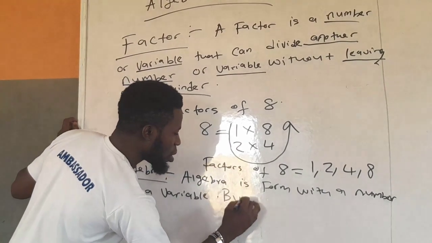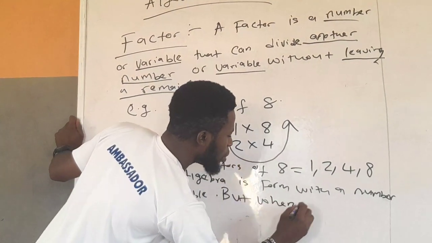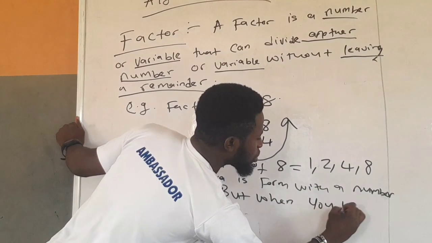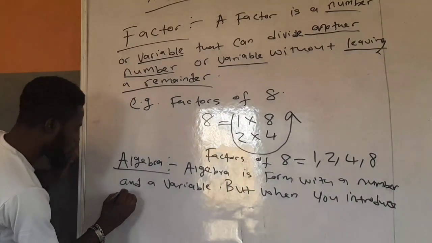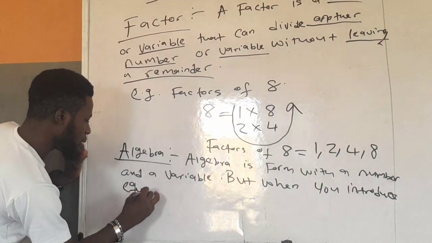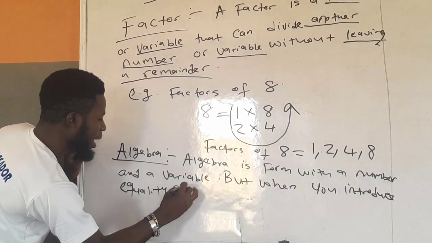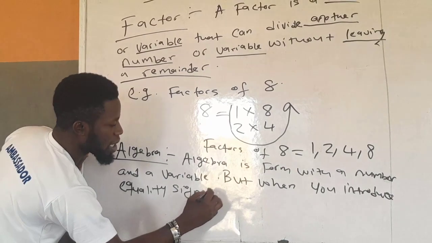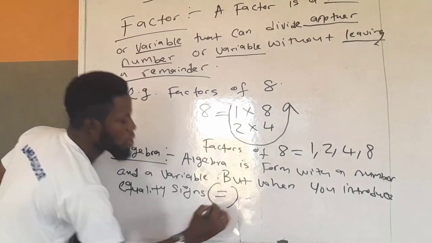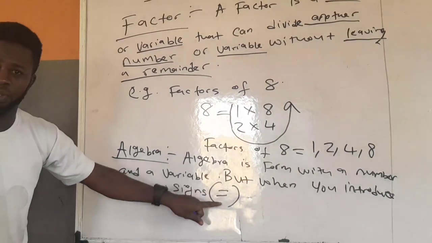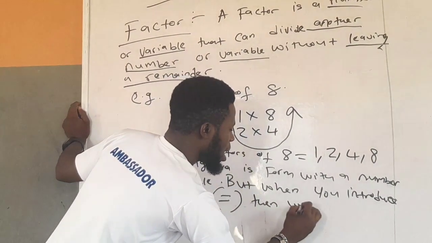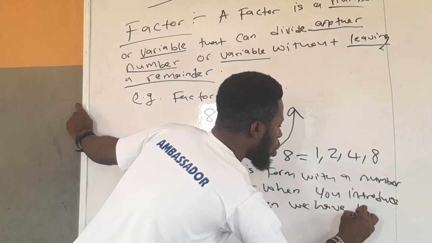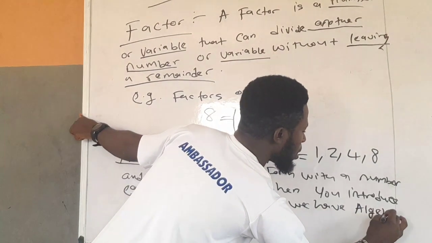But when you introduce equality sign, I believe we all know this, that's a bracket, equal to, when you introduce equal to, then we have algebraic equation.